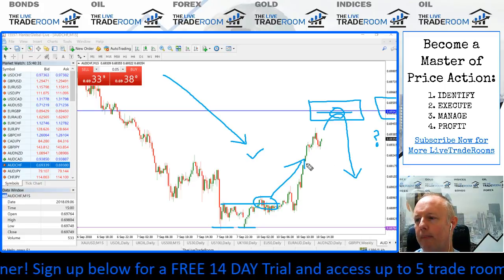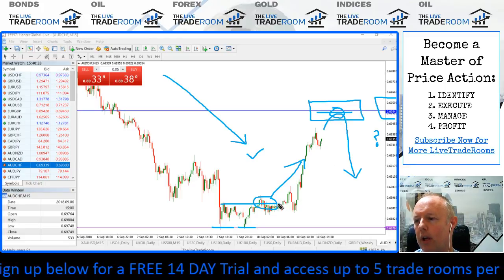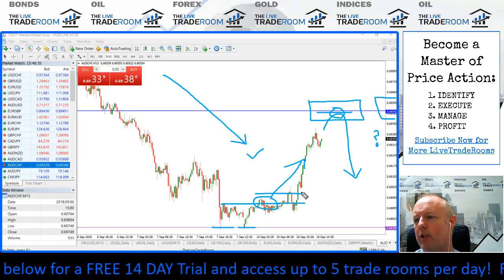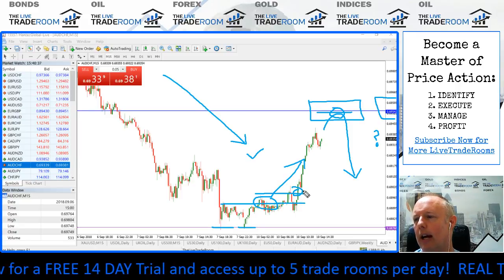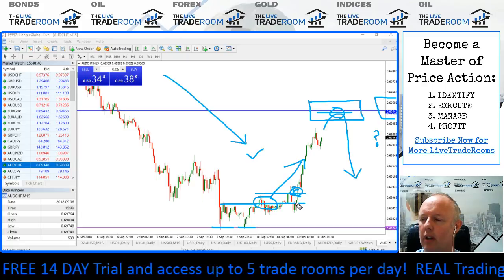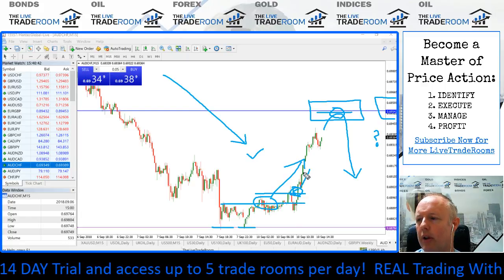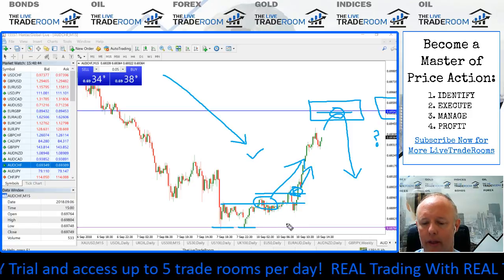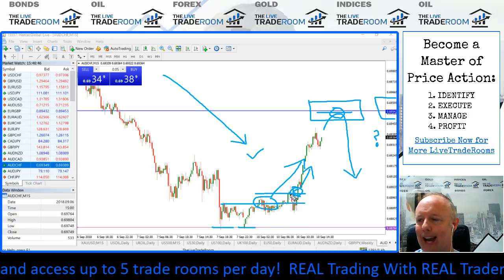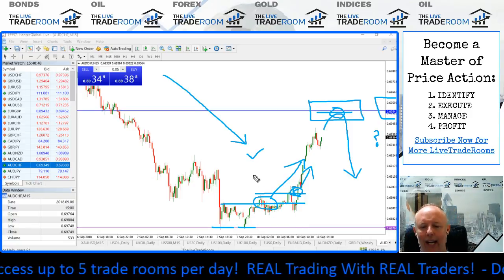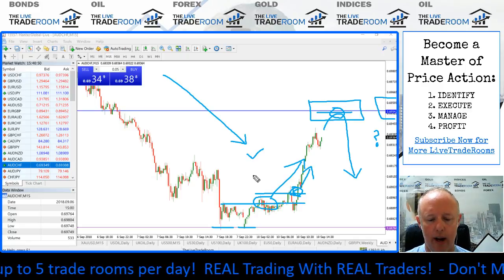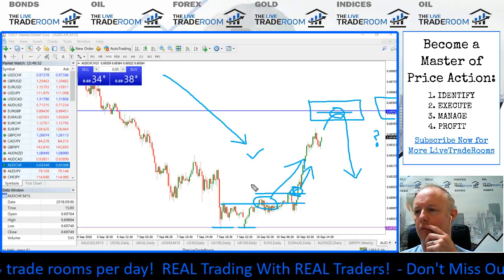In terms of the buy trade, it was somewhere probably around here. That would have been for those that want to counter trend. That's not really ultimately our style for trading these markets, so do bear that in mind.